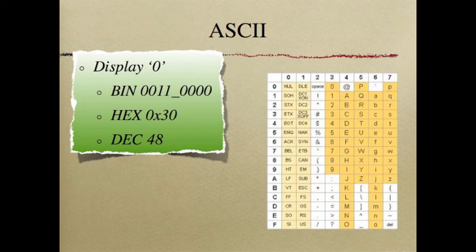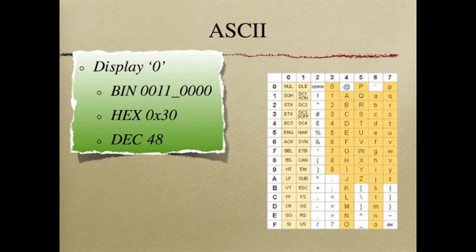Assume that you want to display the character 0. The ASCII standard says we have to use 8 bits to represent 0. They are 0, 0, 1, 1, 0, 0, 0, 0. But rather than writing a long binary number, most of the time we use hexadecimal numbers to represent this sequence of binary.